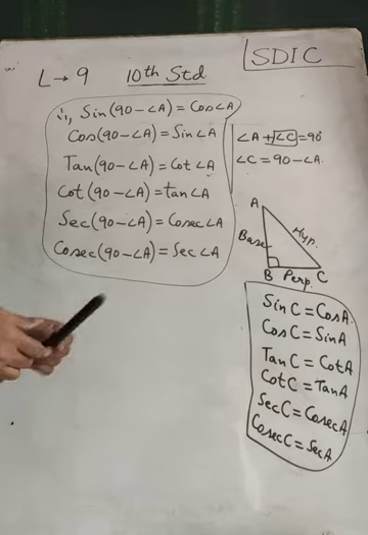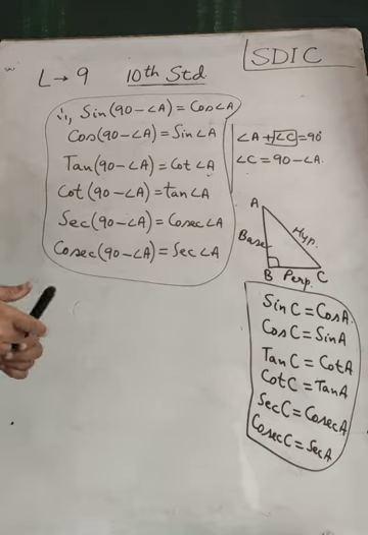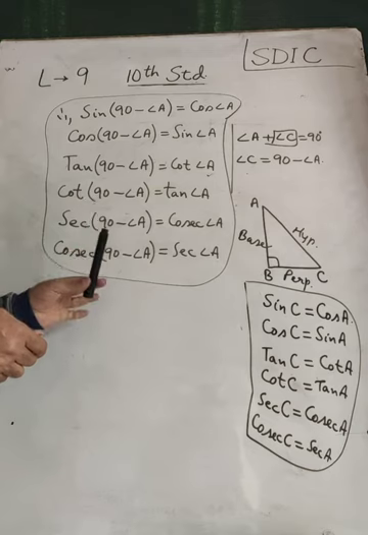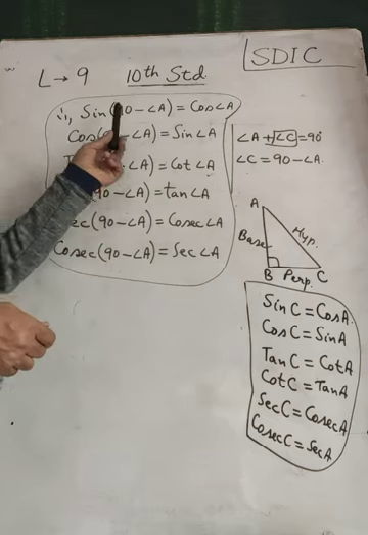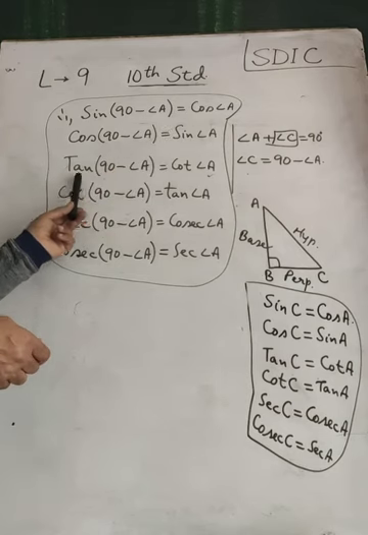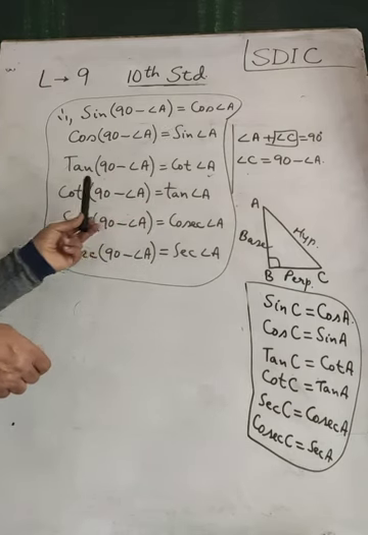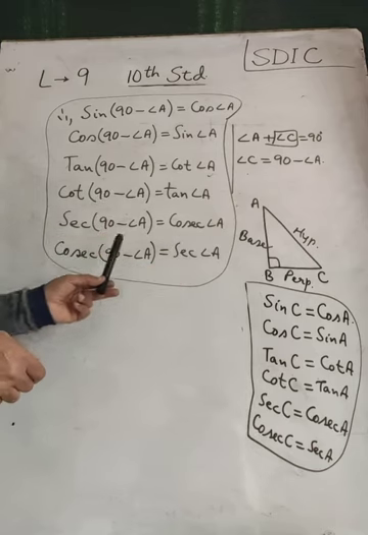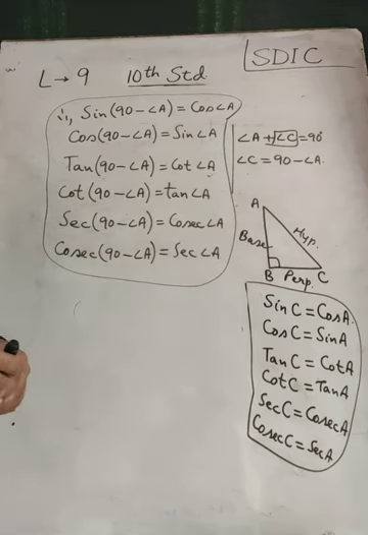Now you can use here any acute angle, 1 degree, 2 degree, 3 degree, whatever you would like, other than those specific angles. And then correspondingly 6 relations we have. Sin is expressed in terms of cos, cos is expressed in terms of sin, tan is expressed in terms of cot, cot is expressed in terms of tan, sec is expressed in terms of cosec, cosec is expressed in terms of sec.